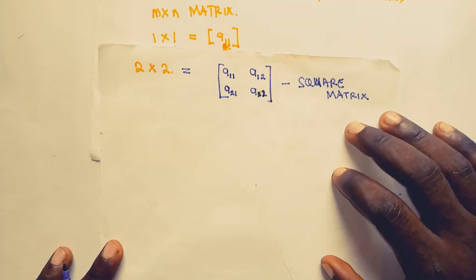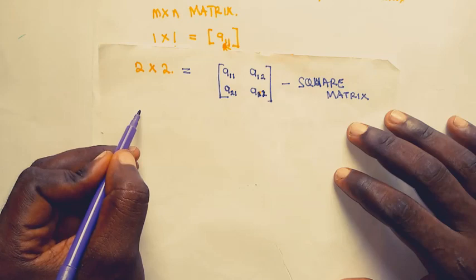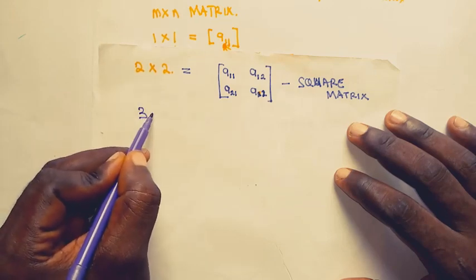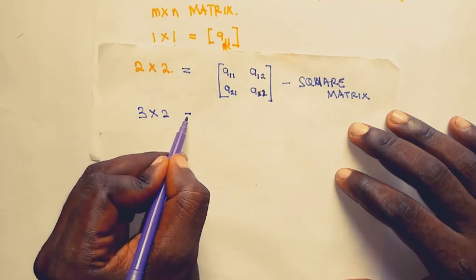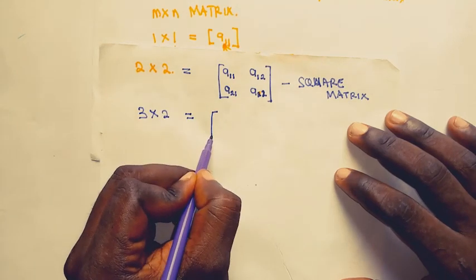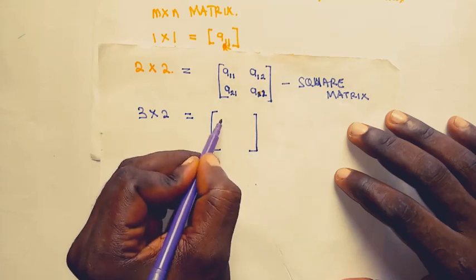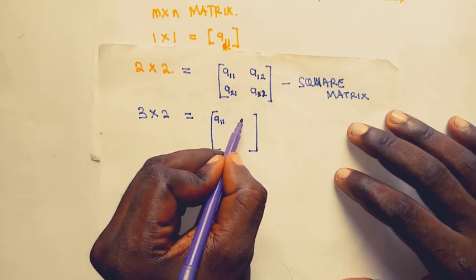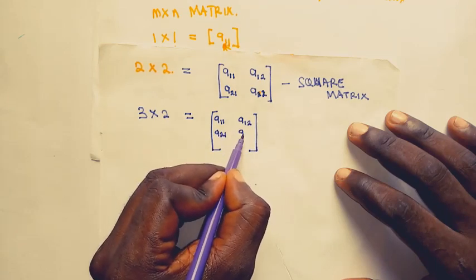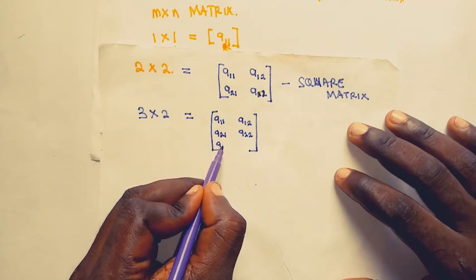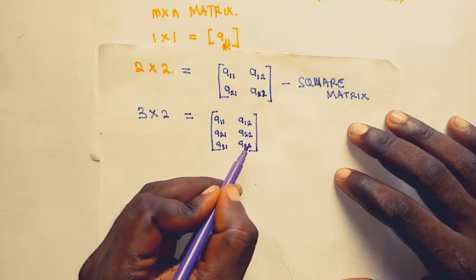And lastly, a matrix can also be 3 by 2. If you join me in drawing that, we know it has 3 rows and 2 columns. So we have A11, A12, A21, A22, and A31, A32.